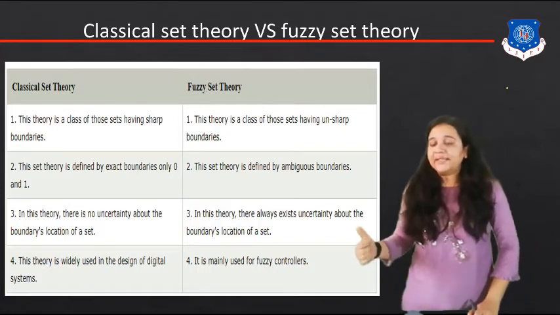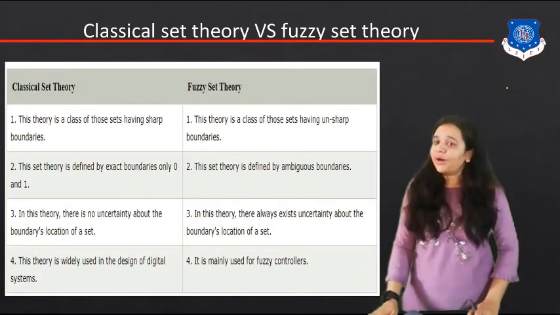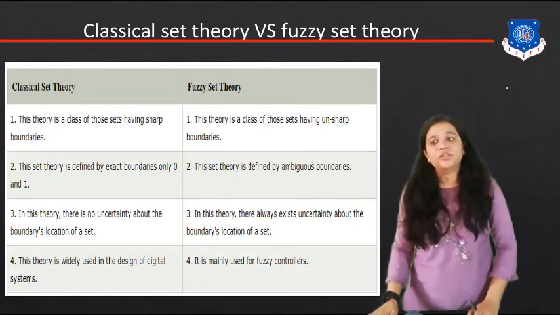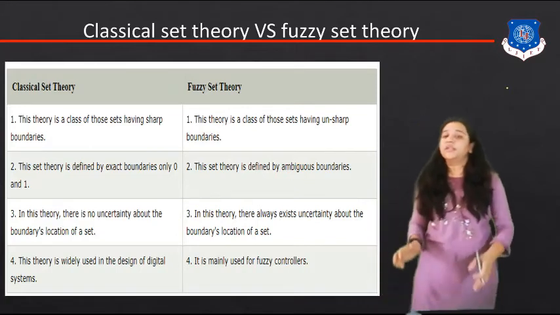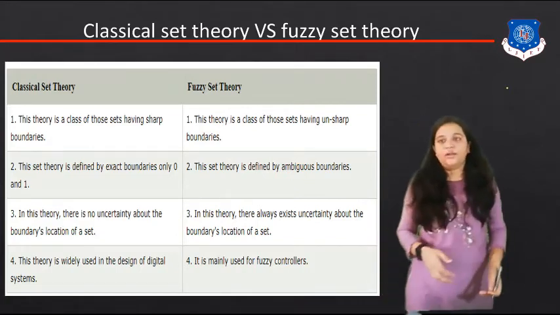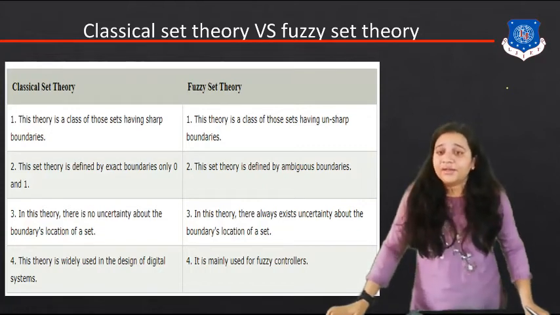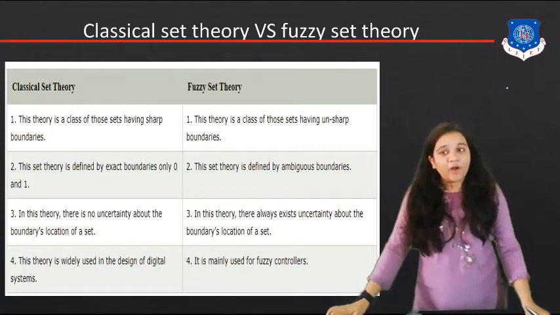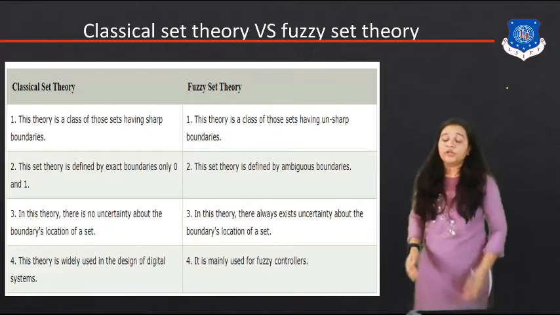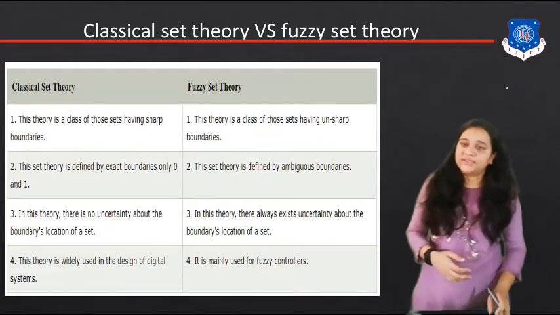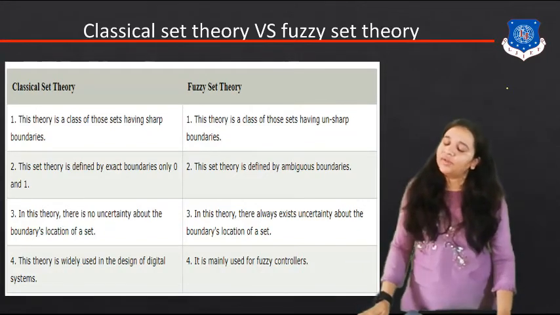Now in the classical set theory, there is no uncertainty about the boundary location of the set because we are clear about the boundary, it is 0 or 1, and in the fuzzy set theory there always exists uncertainty about the boundary location of the set, because if the input value is changed, the boundary location will be changed.